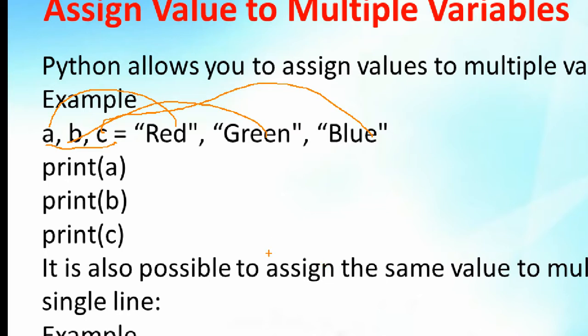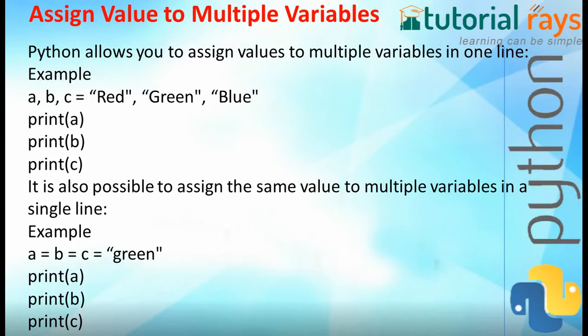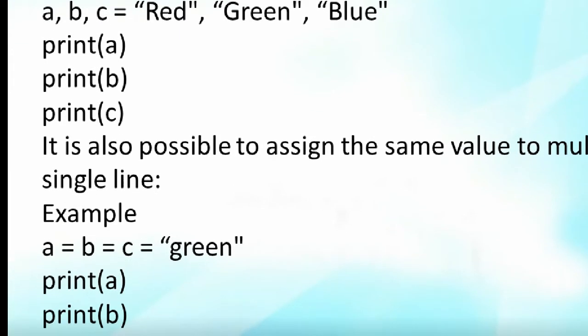But in the case of the one below, all variables are assigned a single value, and that is green. So A also contains green, B also contains green, and C also contains green. All the variables can contain the same value. So if need be, you can declare variables like this also.